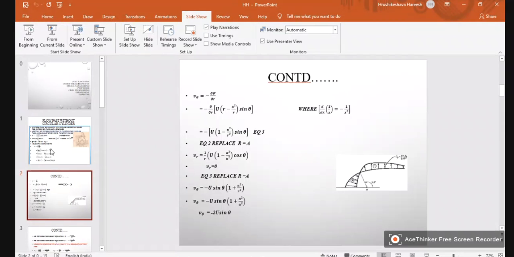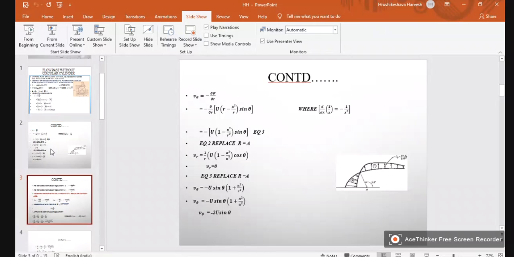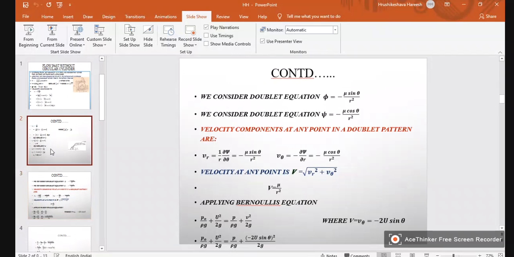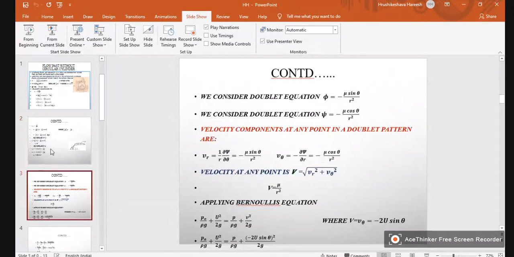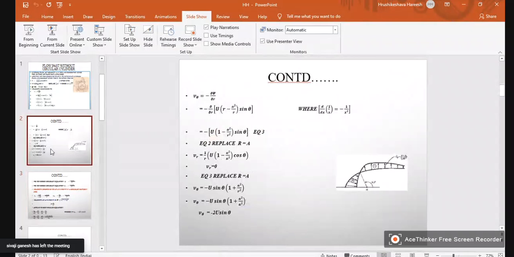In equation 3, replace R equal to A in the velocity potential: minus U sin theta into 1 plus A square by R square. Velocity potential equation is equal to minus U sin theta. What is the velocity potential equation? V theta, sir. Sorry, sir. What is V theta?